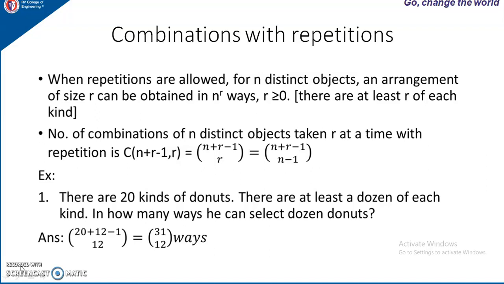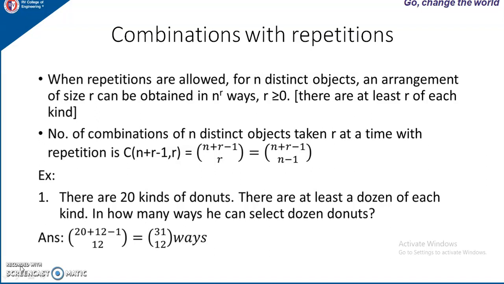Then the number of combinations of n distinct objects taken r at a time with repetitions is n plus r minus 1 choose r, which is also equal to n plus r minus 1 choose n minus 1.